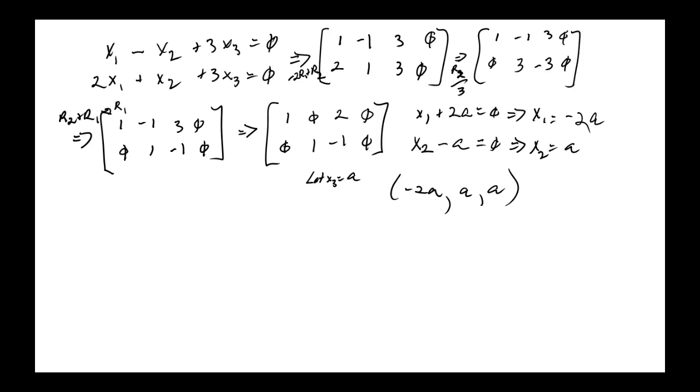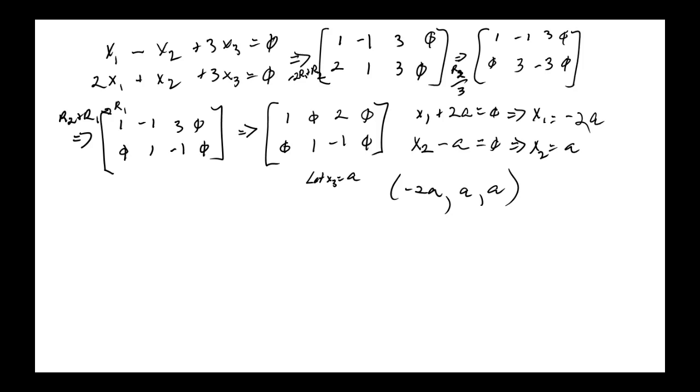Okay? So yeah, pick an a, any a, plug it in, and that'll give you a solution. That's your arbitrary, infinite number of solutions. Not completely arbitrary. They have to be in this form, minus 2a. So your y and z, or x2 and x3, always the same value, and x1 is always negative twice that value.